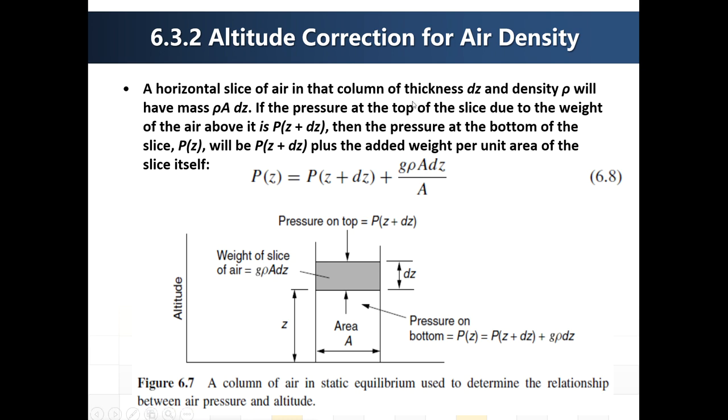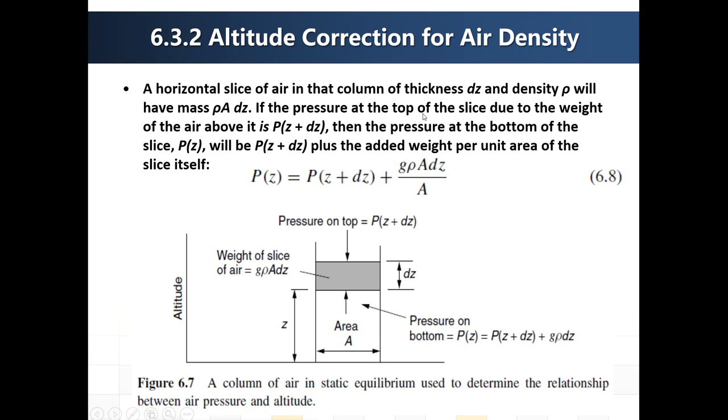Section 6.3.2, altitude correction for air density. A horizontal slice of air in the column of thickness dz and density rho will have a mass rho multiplied by area A multiplied by dz.